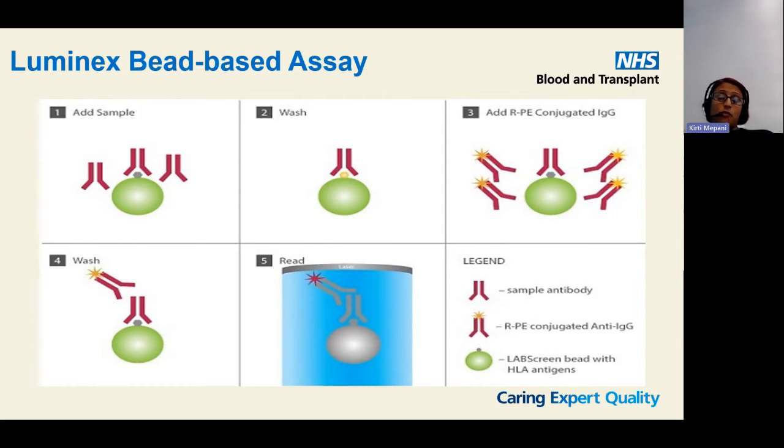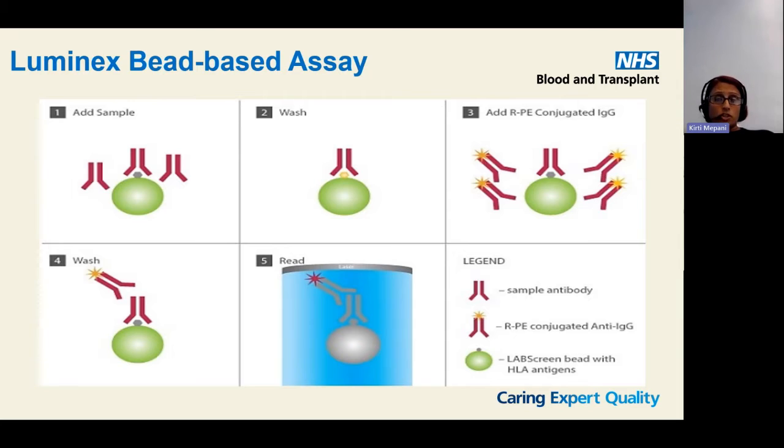So the test itself is very simple. The kits that we use have microscopic beads, and these microscopic beads are color coded and coated with HLA antigens. These beads are incubated with the patient samples. So if there are any antibodies present, they will bind.